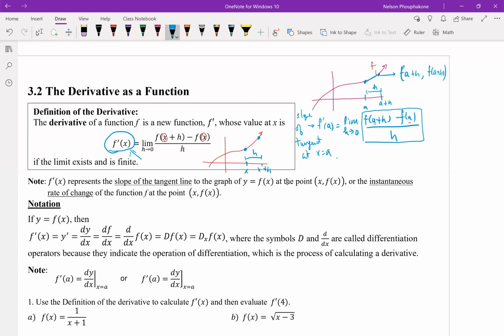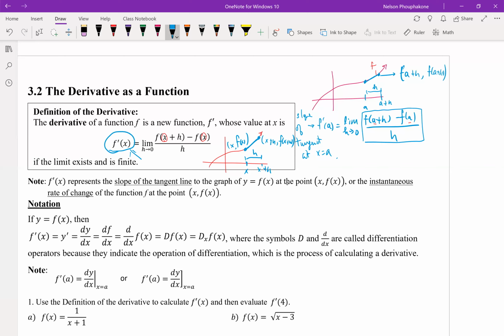So we have the point x plus h, f of x plus h, and this point, x, f of x. We are looking for the difference quotient, the slope of the secant line. And we take the limit as h approaches 0, and then we get the derivative.